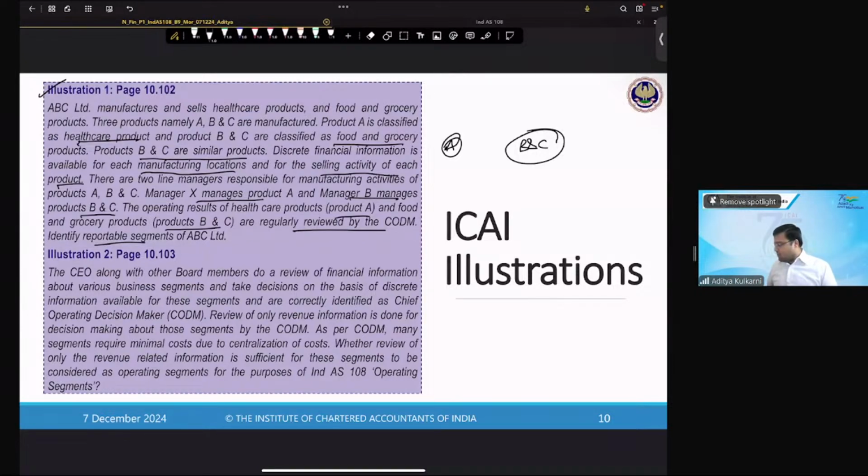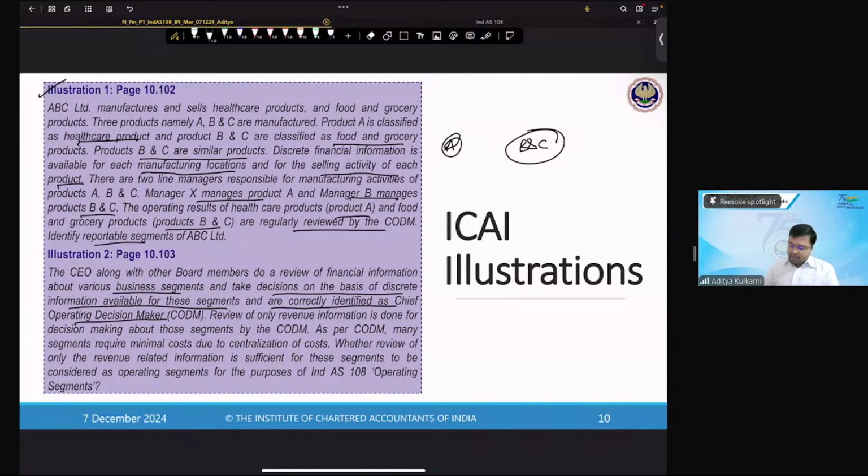The CEO, along with other board members, do a review of financial information about various business segments and take decisions on the basis of discrete information available for these segments, and are correctly identified as chief operating decision maker. Review of only revenue information is done for decision making about those segments by the CODM.